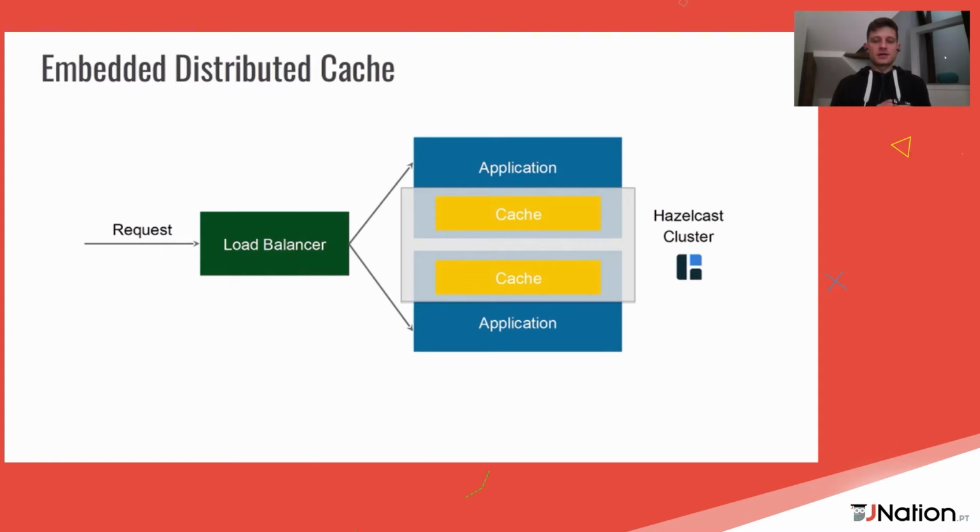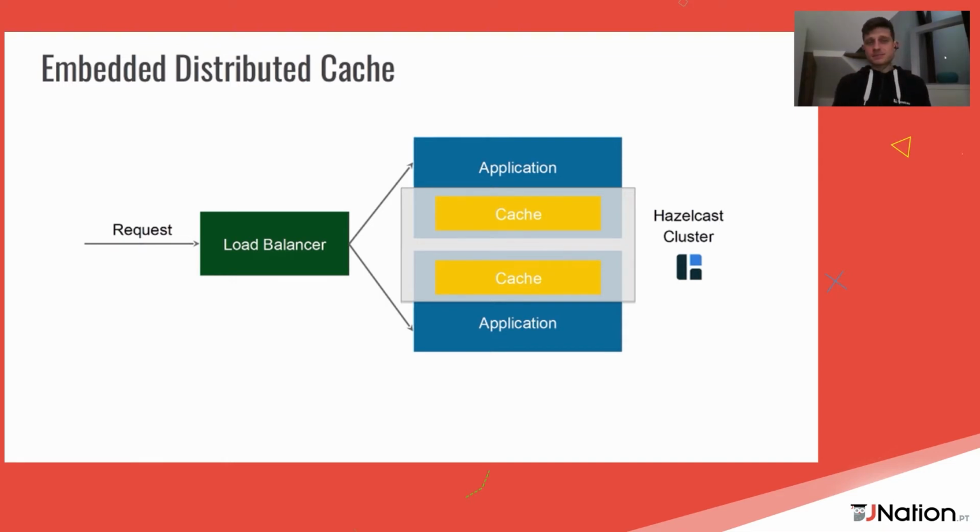Now, Hazelcast is just a library, so you just use it as Guava or anything else. But it forms one consistent cache cluster with all the other caches. That is why no matter which application put a value into the cache, the in-memory store is all together.